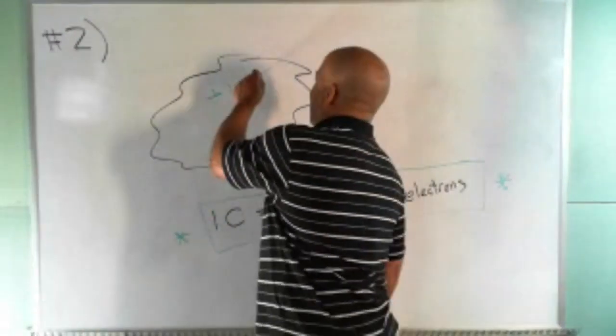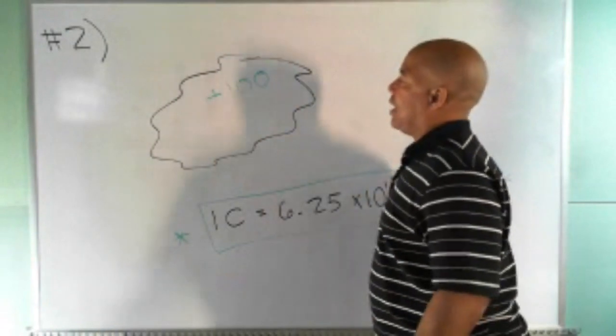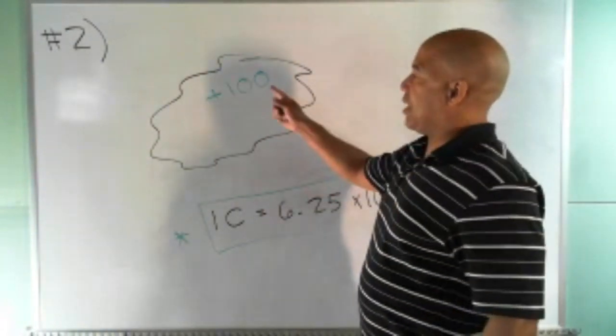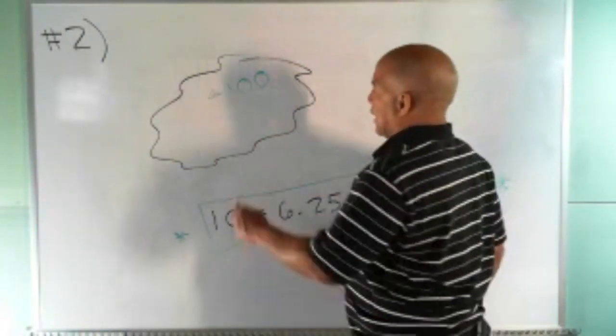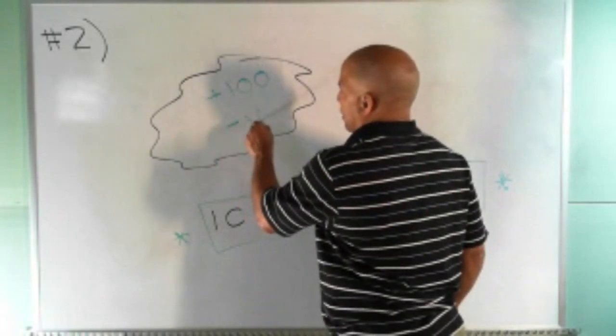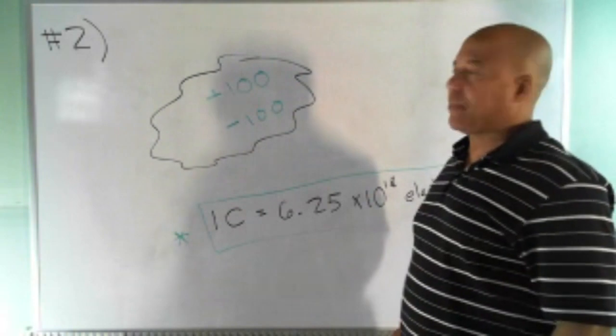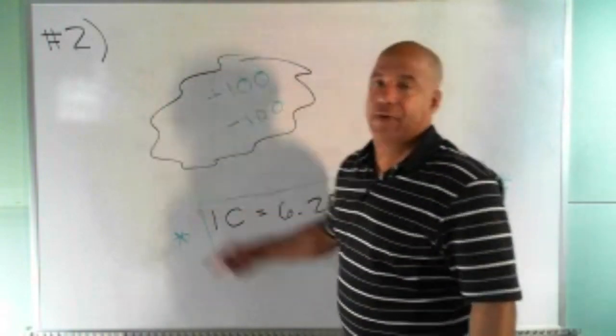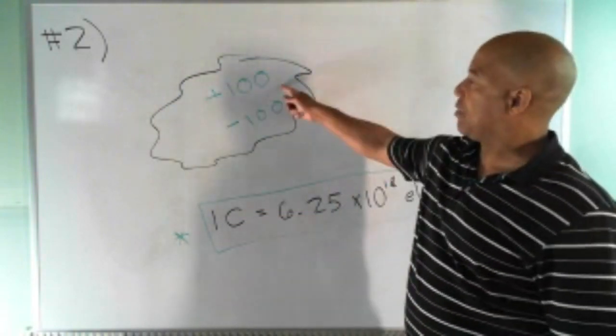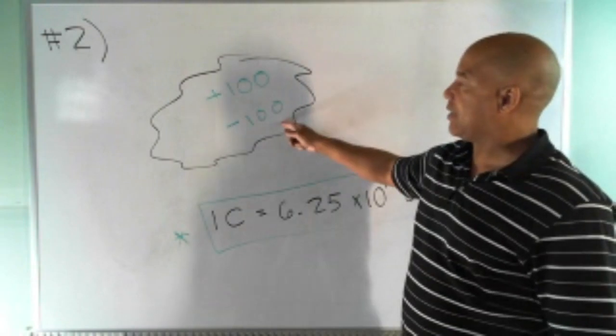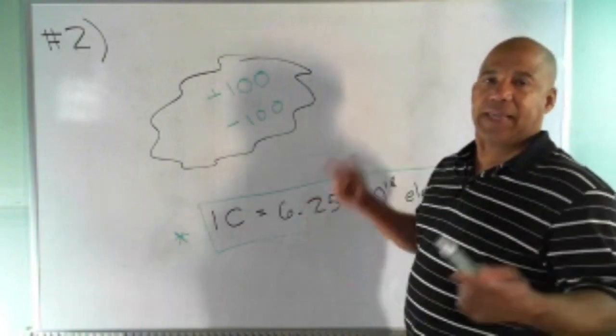So I got a charge of plus 100, which means I have 100 protons, and I got a charge of minus 100, which means I have 100 electrons, right? Well, the net charge on here is 0. You can see if I have 100 positives and 100 negatives, they cancel out. My net charge is 0.